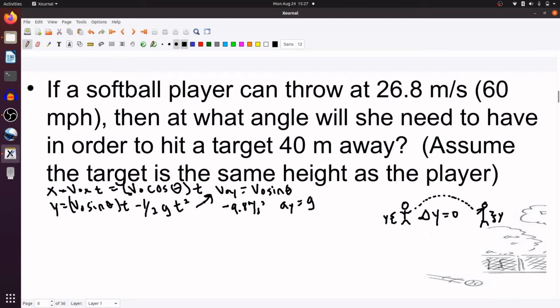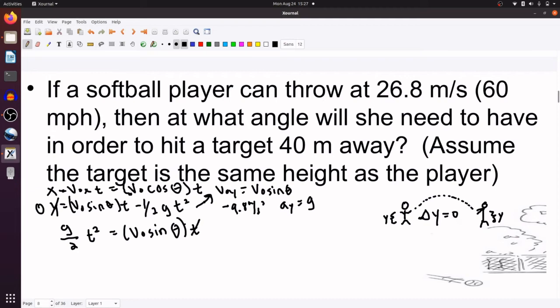Well, as I told you earlier, the overall change in height, y, is going to be 0. So I'm going to move this over, and that gives me g over 2 t squared is equal to v naught sine theta t. You're thinking, oh, something's going to cancel. You're absolutely right.